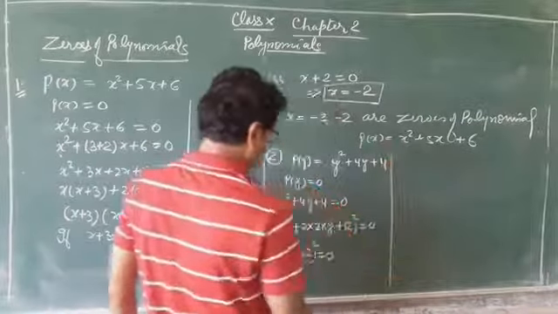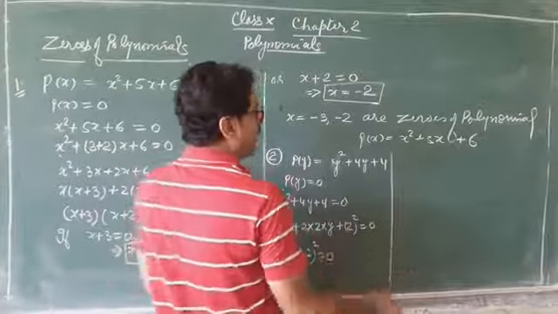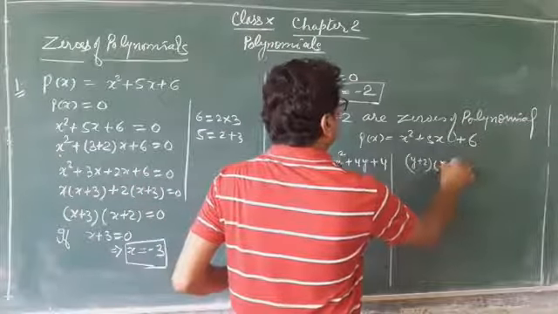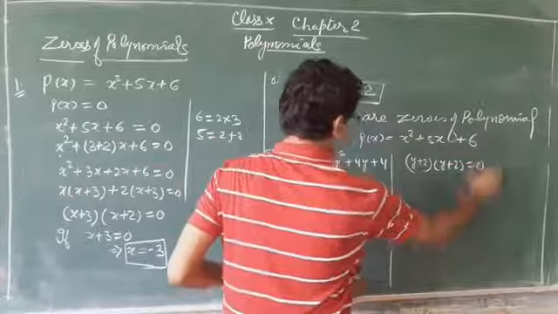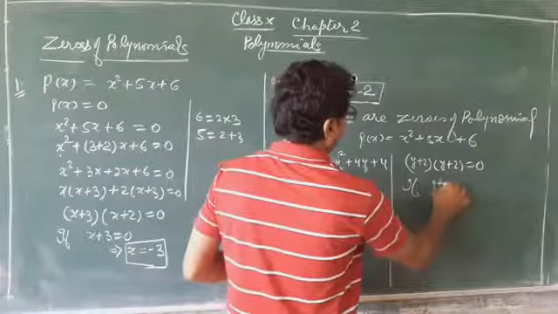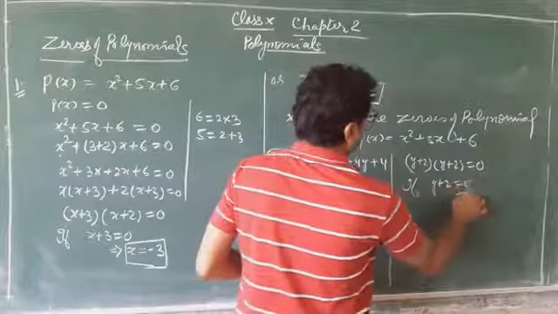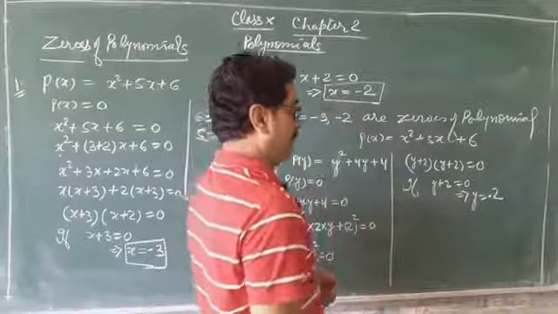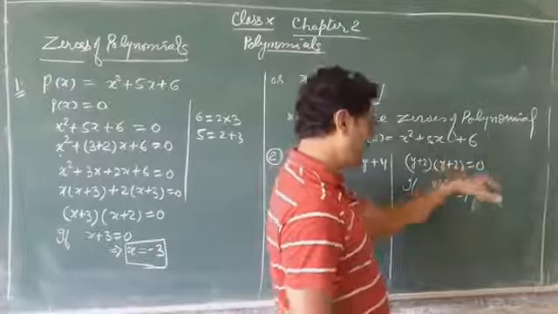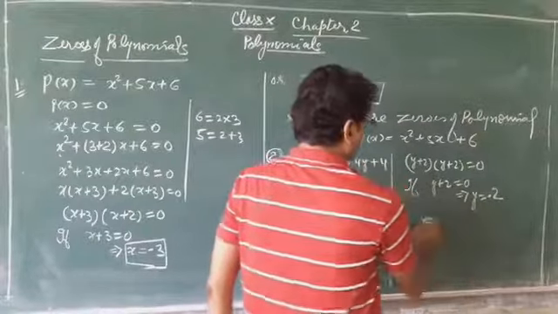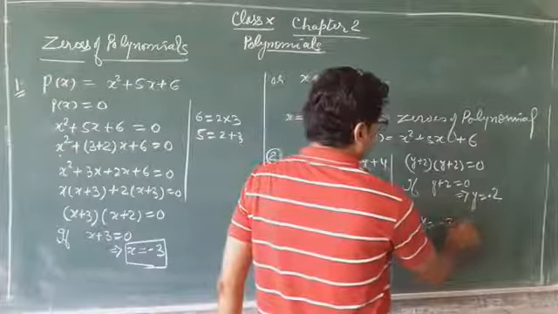It means there are two terms, y plus 2 and y plus 2, both are the same, equal. So if y plus 2 is equal to 0, this implies that y is equal to minus 2. And the second factor also gives y is equal to minus 2. So y is equal to minus 2 and minus 2.